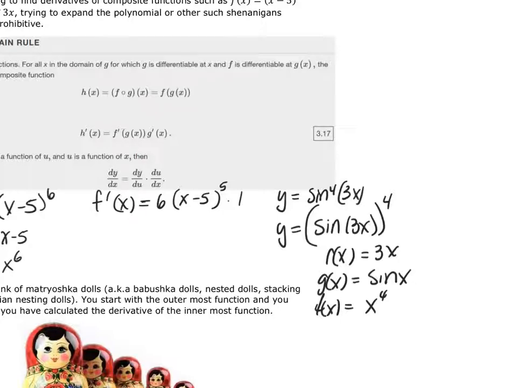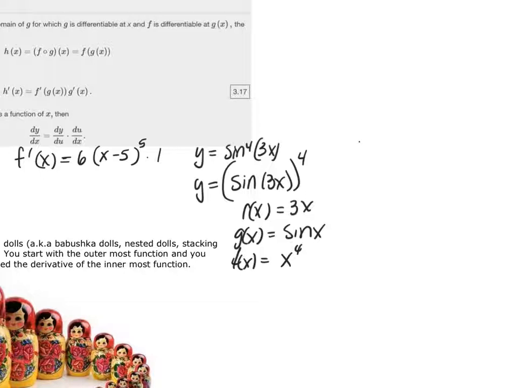So the derivative of this, y prime, is going to be the derivative of my most outer function. That 4 is going to come down, and then I drop it down a power. So it's 4 to the, and that goes to the third power. Notice how I left that blank because I need to put back my sine 3x in there. So the sine of 3x needs to go back there. Then I need to do the derivative of sine x.